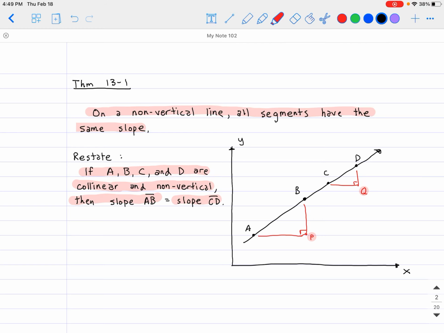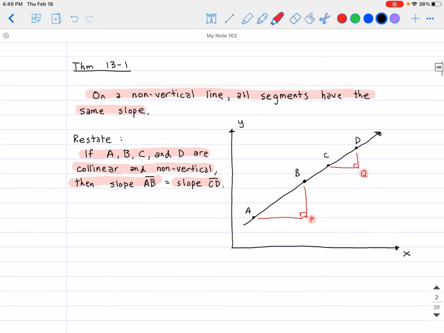Now, the next thing is that these two lines right here, notice that we draw two parallel lines. If we were to extend CQ over here, and then extend AP over here, those two are going to be parallel lines because they're both horizontal lines.